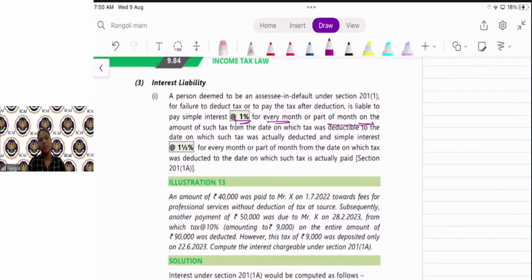Yes. But you have not deposited. You deposited it in the month of June. So in that case, 1.5% interest is required to be paid by you. So if you fail to deduct TDS and the TDS is deducted later, then 1% interest is required to be paid. If you deducted TDS but failed to deposit it to the account of the government, then 1.5% interest every month is required to be paid.